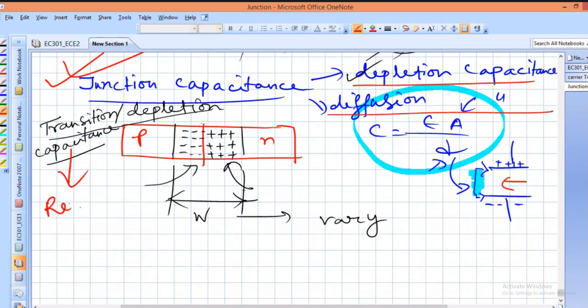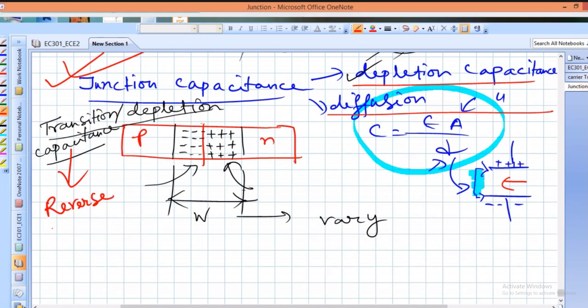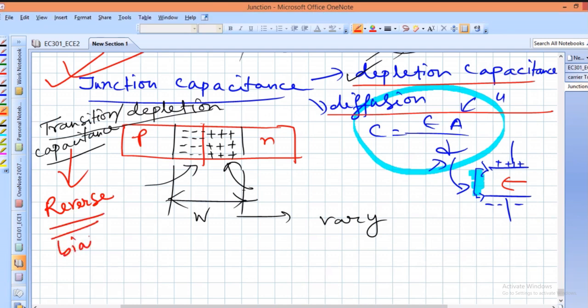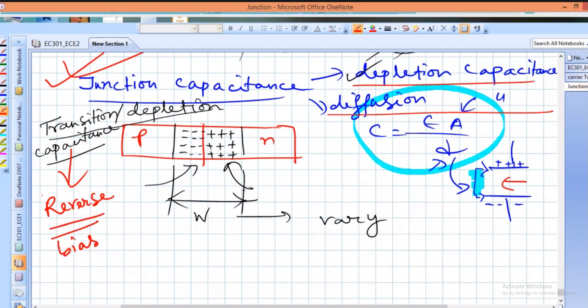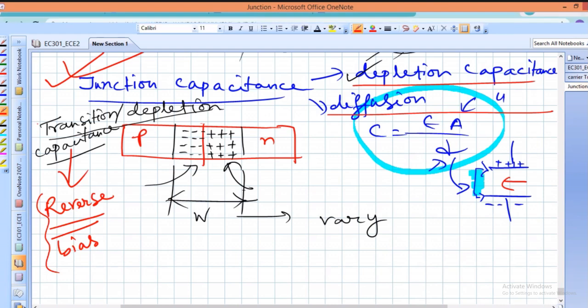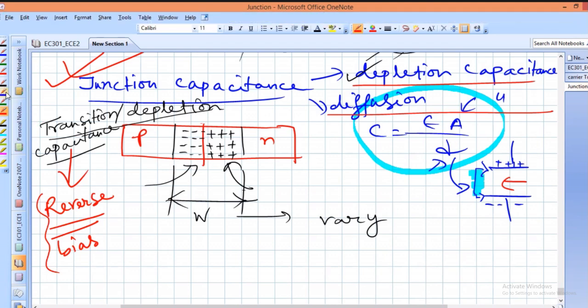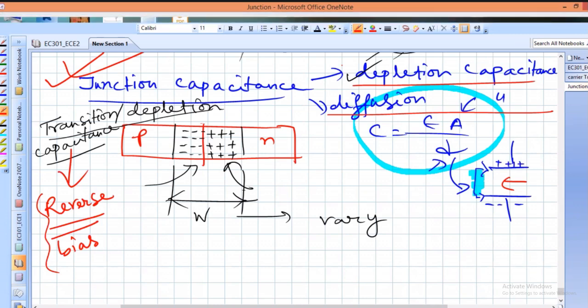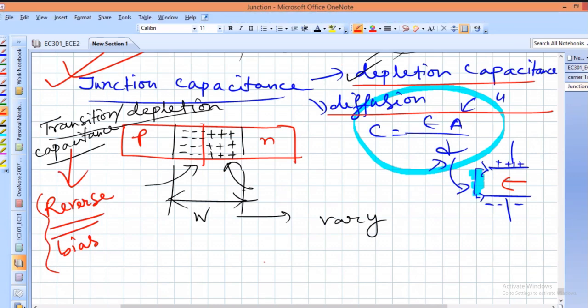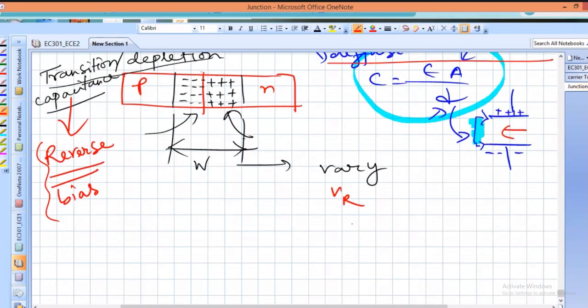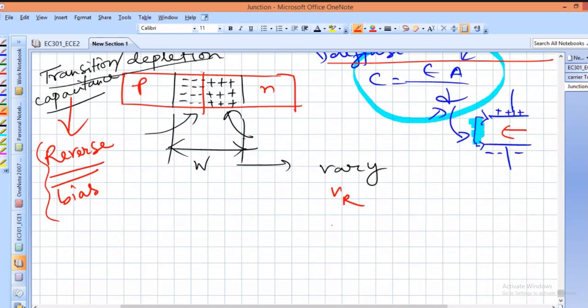I wanted to inform you why depletion capacitance or transition capacitance is predominant under reverse bias. Suppose I'm considering the reverse bias voltage is right now here, and with a slight modification, we change the voltage by the amount of dVr.